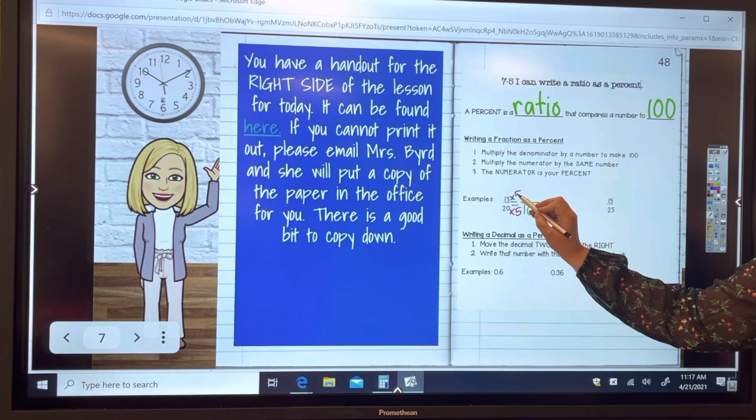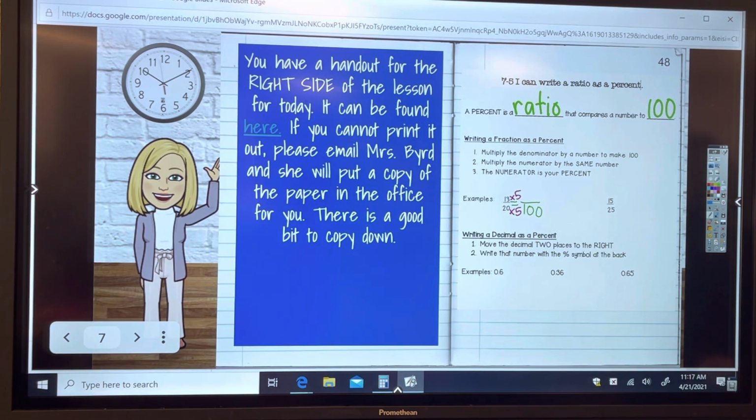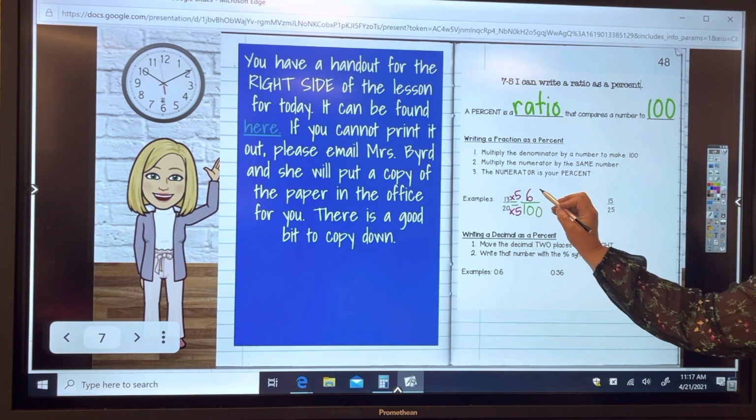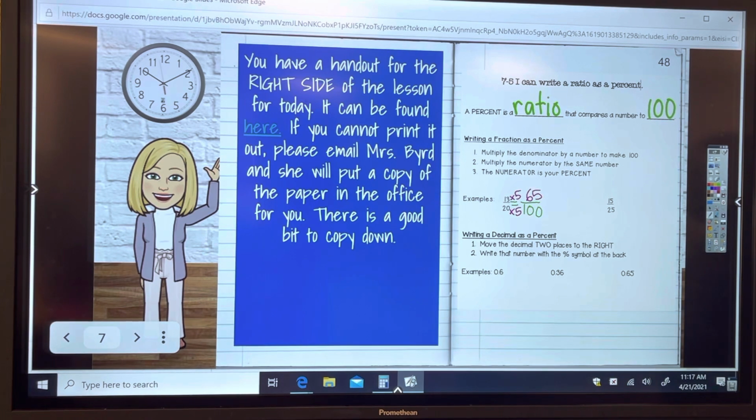So 13 times 5 is 65. Can I change 25 to 100? Yes. What can I multiply by? 4. So what is 15 times 4? 60.